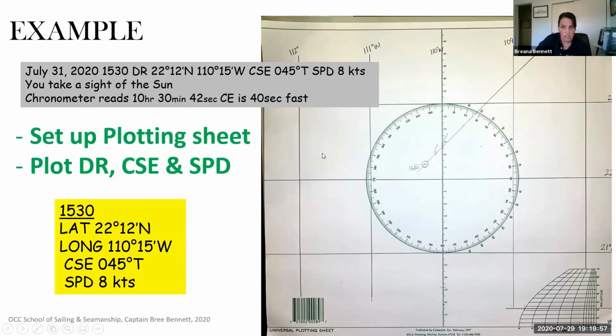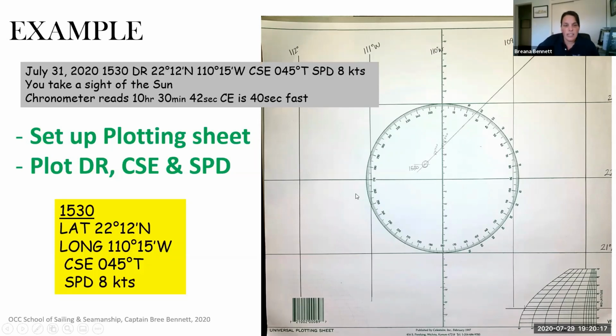Let me go through this one, and then we're going to start how to do our plotting sheet. This plotting sheet is already made up because I already did it.